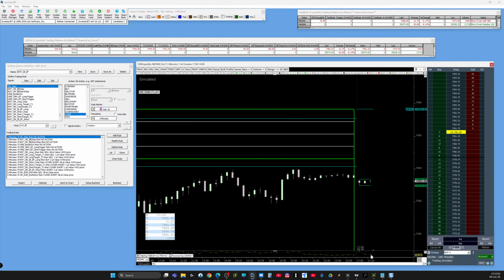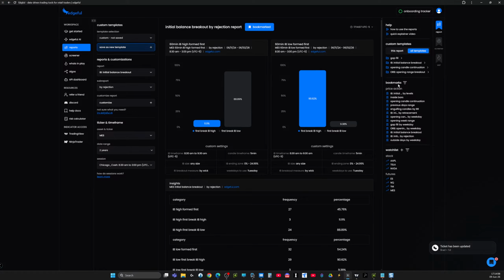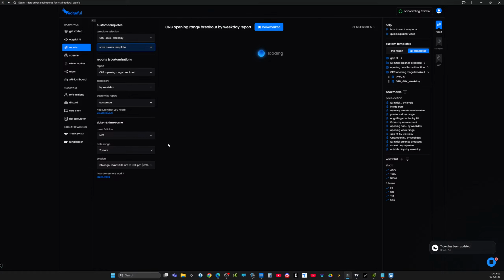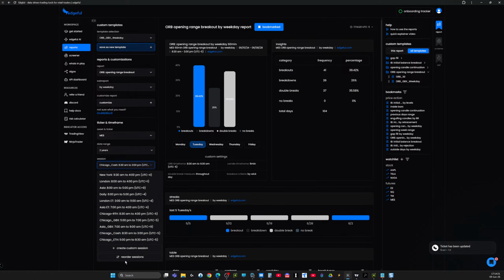So what we're going to do now is look at the data. This was the data for today, and we're going to move to the opening range breakout. And we'll get over here. Now what we need to do is change.